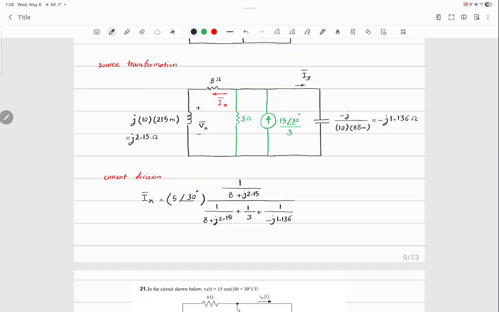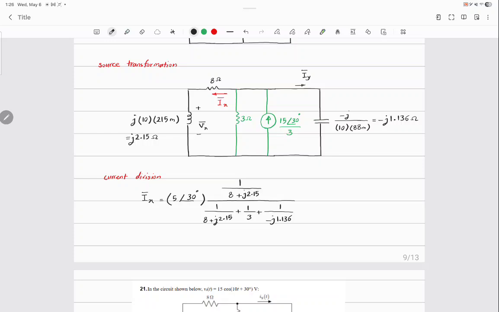Oh yeah, for when you have like 8 plus j 2.15, does impedance combine those two as one, or are they still distinct as real and imaginary? Because technically the j is imaginary. Yes. So are you not allowed to combine them? We already combined them.